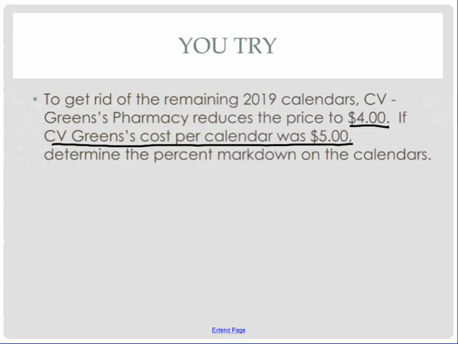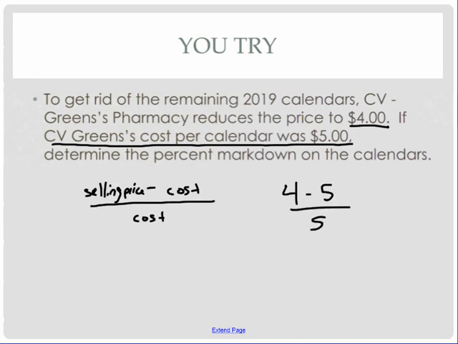Okay, so think about it like this. Remember, we're going to do the dealer cost. That goes on the bottom. Dealer cost goes back here because those two are the same. And we also have the selling price. So here's what this looks like. The selling price here is $4. The dealer cost is $5, and we'll divide that by 5. I get negative 1 over 5, which becomes negative 0.2.